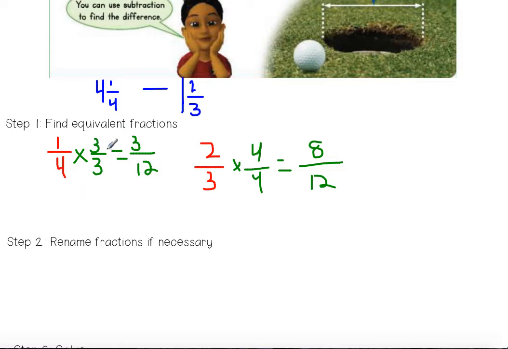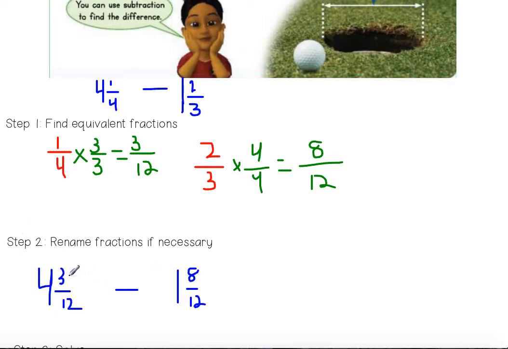So I'm going to rewrite those fractions down here. So I have 4 and 3/12 now. 3/12. That's my new equivalent fraction. Minus 1 from my original problem. 1 and 8/12. Okay. So you'll notice that you can subtract 4 minus 1 very easily. 4 minus 1 is 3.